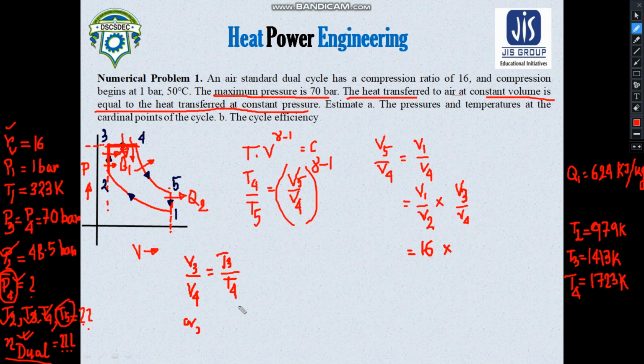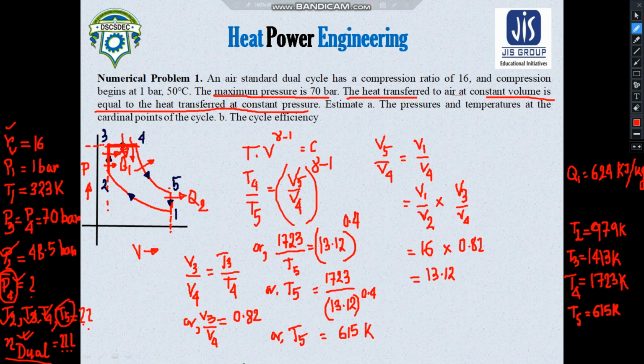Since it is equal to this, and we know the value of T3, there is no need to worry because we can easily find it out. Just simple use of a calculator here. After finding V3 by V4 as 0.82 and putting this value of 0.82 here, we get the value of V5 by V4 as 13.12.